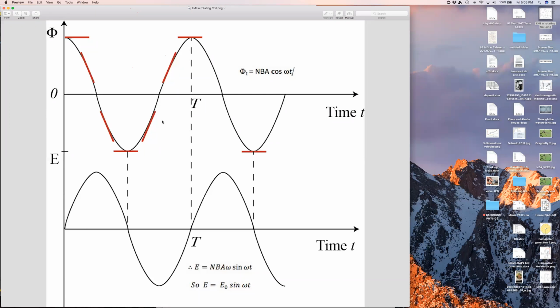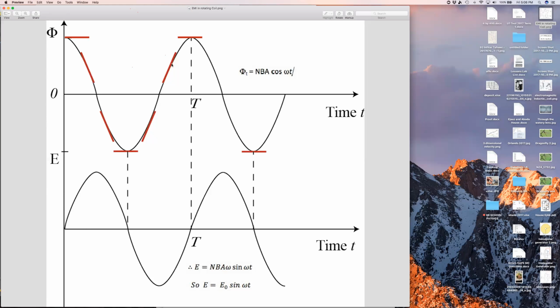We good. Next, this here represents a negative slope. And E is equal to negative delta phi over delta t. So this is a negative slope, and a negative of a negative gives you a positive. So from here to here, the slope is negative, but the EMF goes through a variation that is positive.